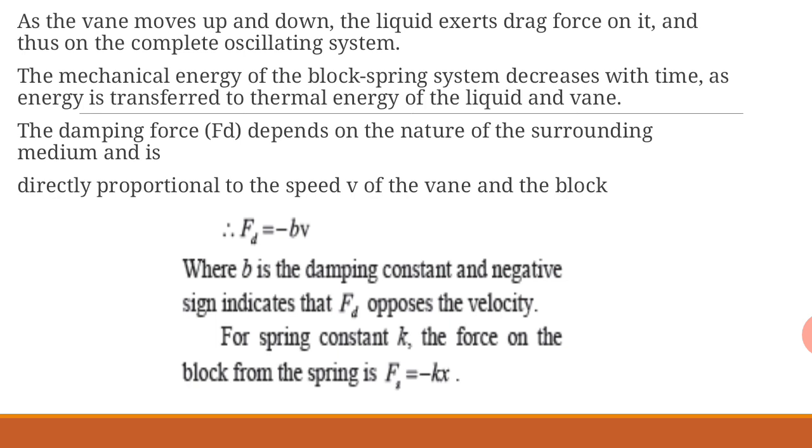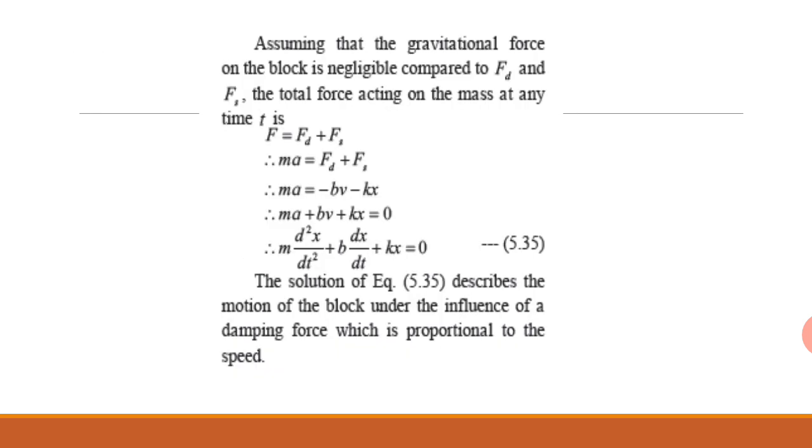b is the damping constant and the negative sign indicates that Fd opposes the velocity. Means the damping force opposes the velocity and the speed of the block decreases. For spring constant k, the force on the block from the spring is Fs equals minus kx.